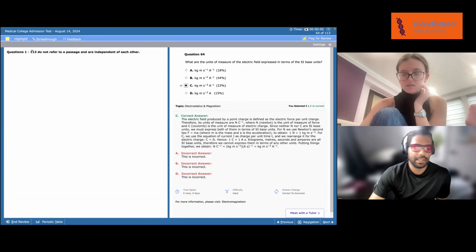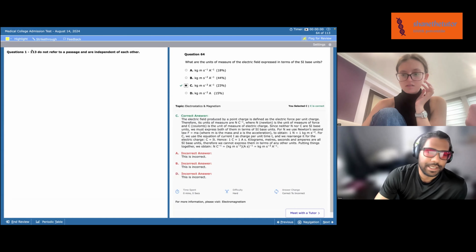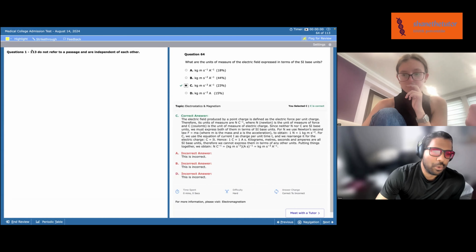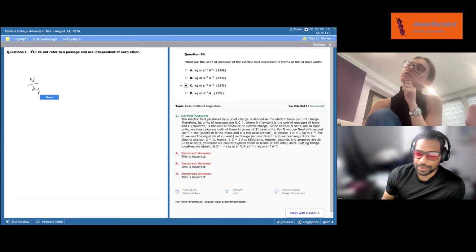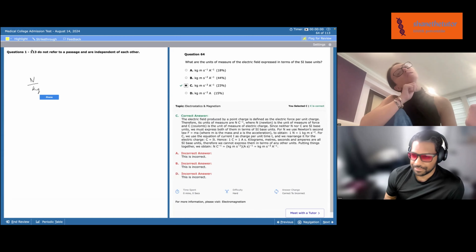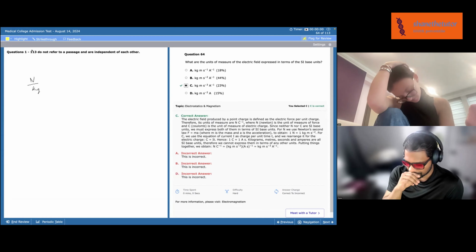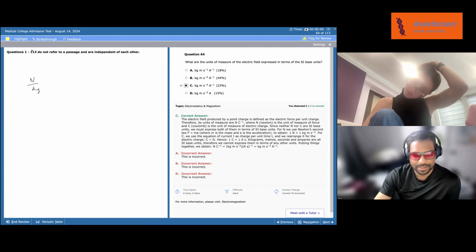Yep. So the electric field, just like gravitational field is newtons over kilogram, meaning you experience a force in newtons for every kilogram of mass.